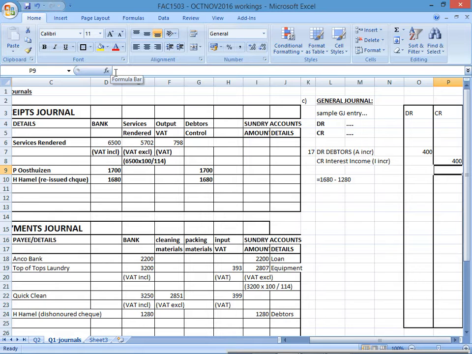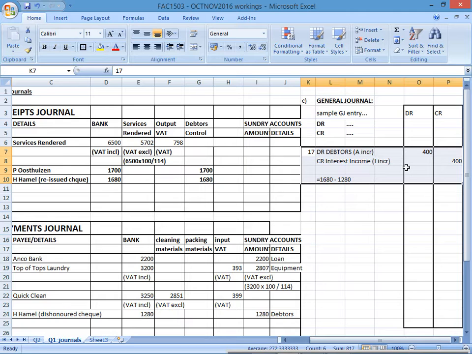Got that? Okay. The only reason why I'm showing this is because the question told me that we're charging the debtor interest. So now just think about it logically. If you're charging the debtor interest, are you going to have more debtors or less debtors? More. So where do I increase a debtor account?